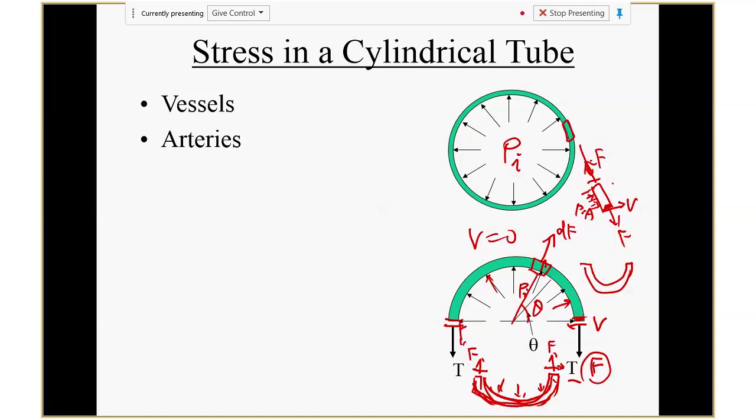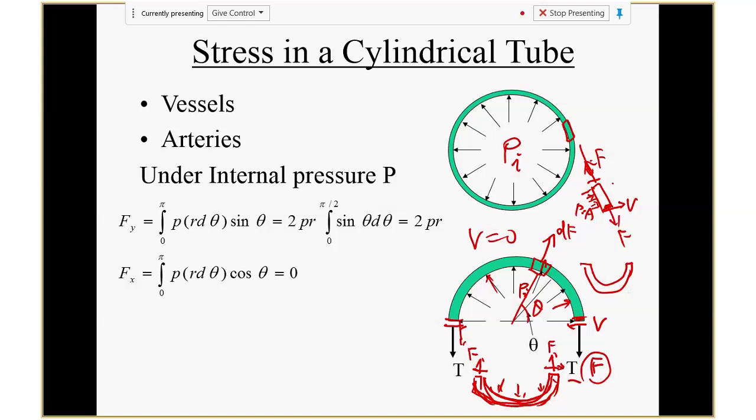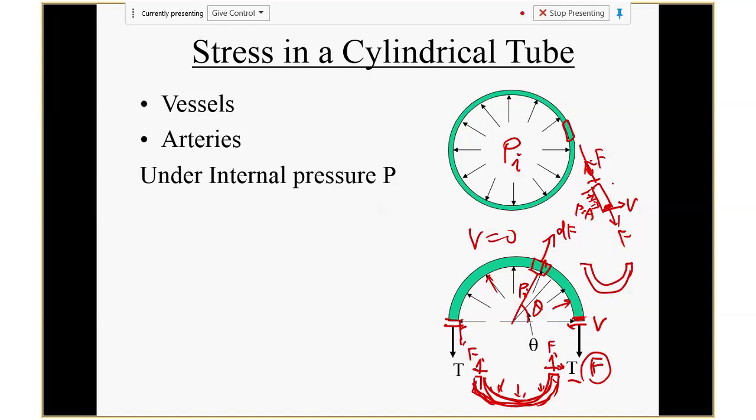Okay, so let me write it here. So you're going to have this dF, supposed to be the pressure times the ds. That's a small area, or dA. Let's call it dA. Okay, what's the dA? The arc length should be R times this d theta.